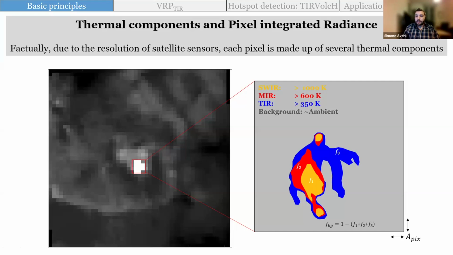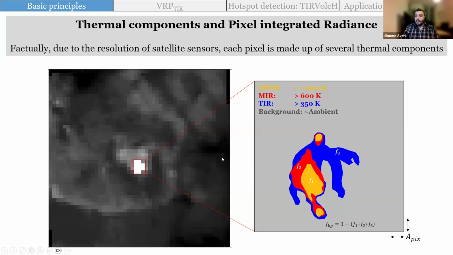A coarser resolution does not really allow us to discriminate between different components or discriminate between shapes or features, but instead gives us just a bright spot, a kilometer squared pixel each. And within that bright spot, we do know that we have something hot.